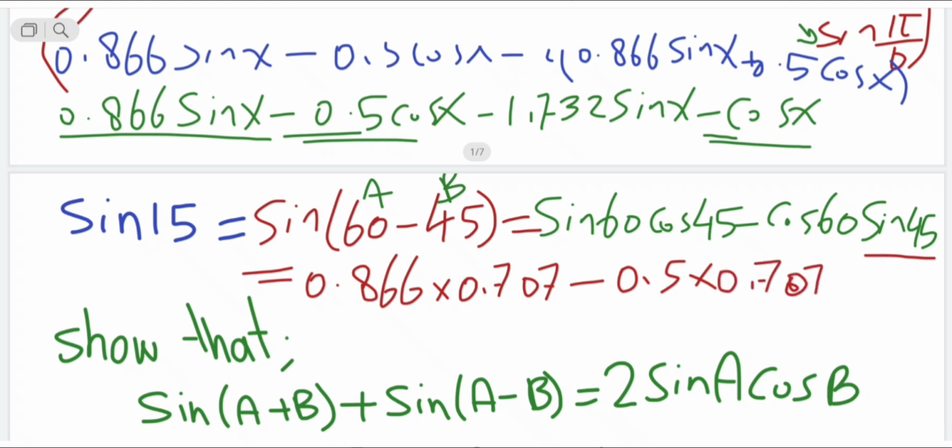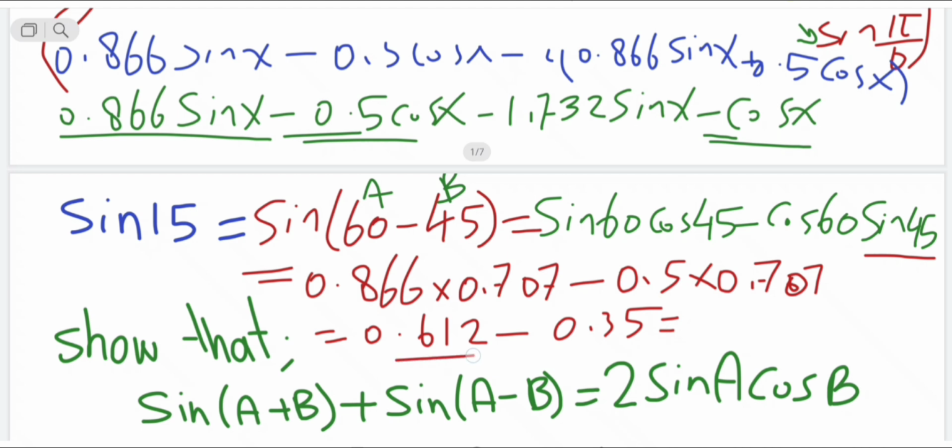Okay, now we will multiply. 0.866 multiplied by 0.707 is equal to 0.612. Minus, you will multiply 0.5 by 0.707, which is equal to 0.35.